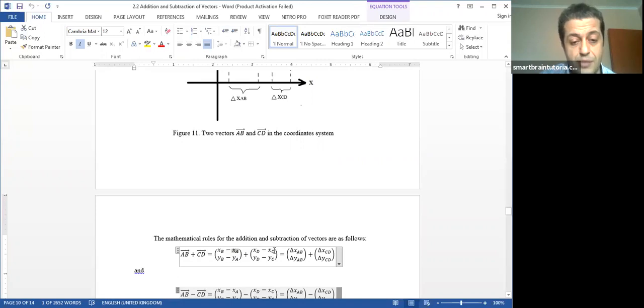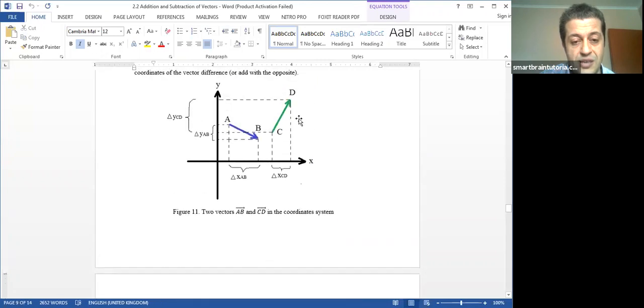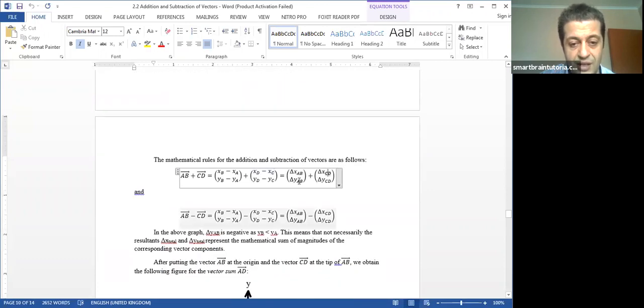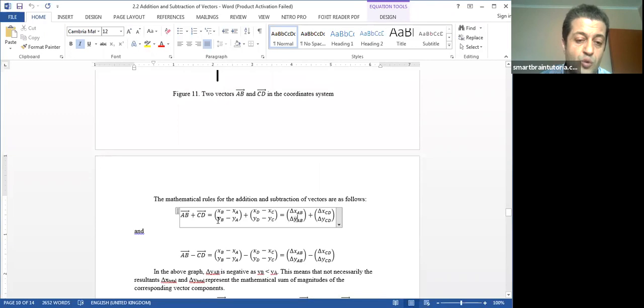And the same thing you are going to do with the second vector, xD minus xC, to obtain delta x of CD, like this one. The same thing you are going to do for the y coordinates. You are going to subtract yB and yA to obtain delta y of the vector AB, the vertical shift.